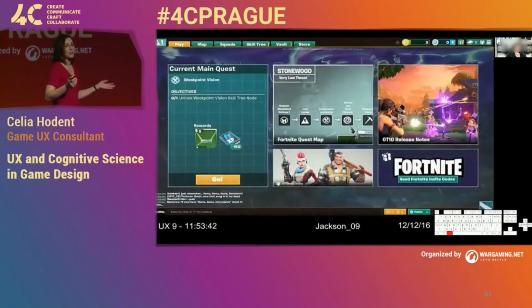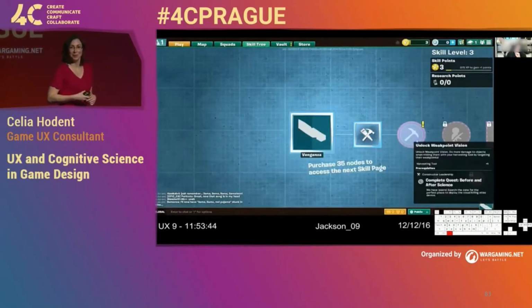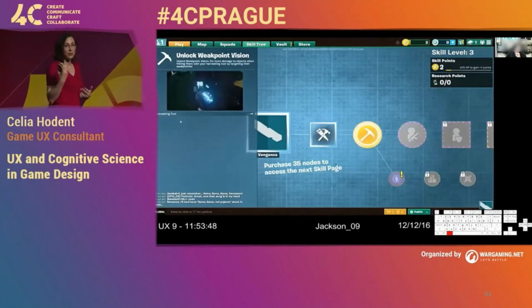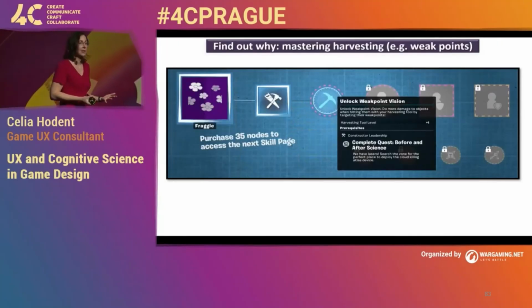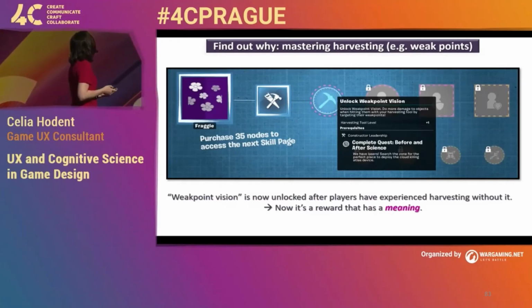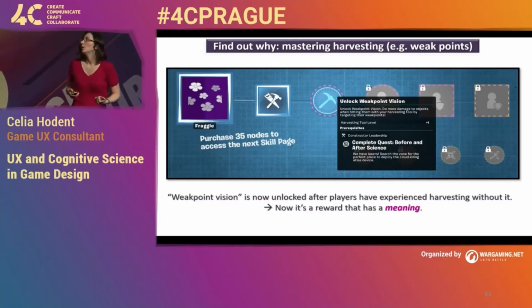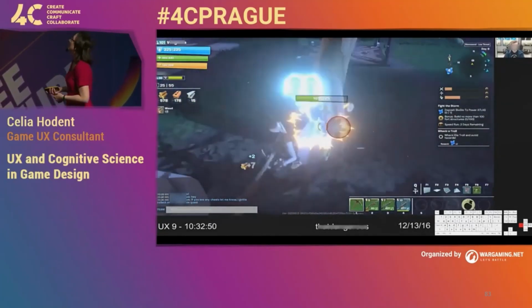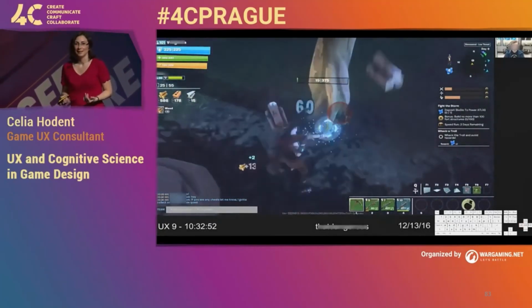So of course, a lot of players don't read, so don't rely on people reading for your stuff. But because there's much more process going on into, oh, I'm unlocking something, it's going to do something, then it has more meaning. And what we observed are more players, not 100%, but more players finally hitting these damn weak points.